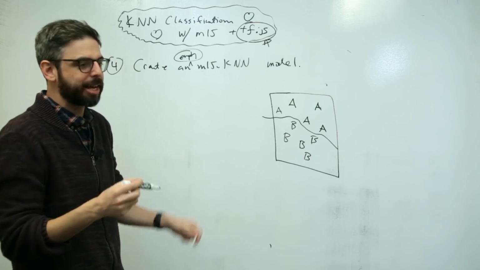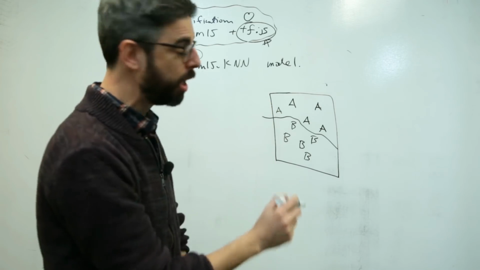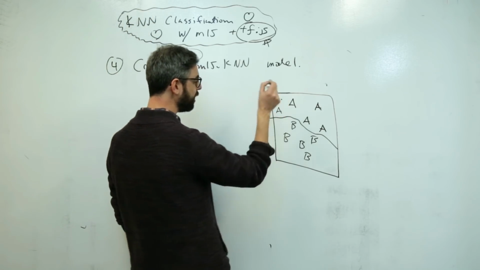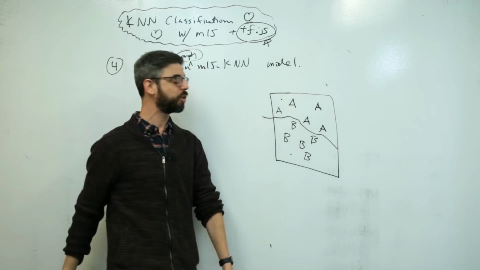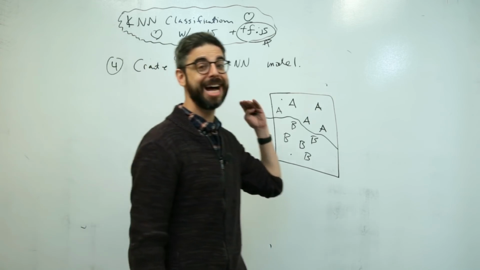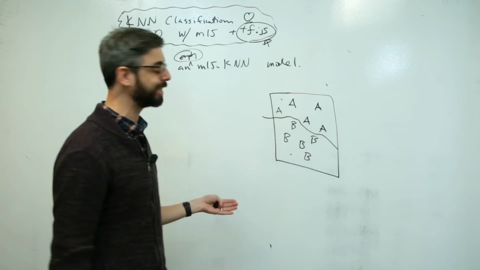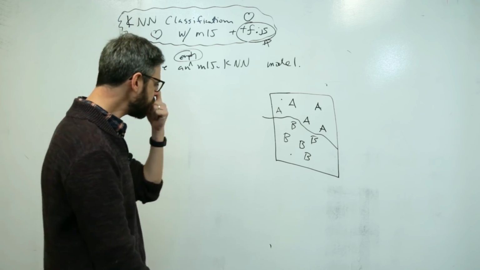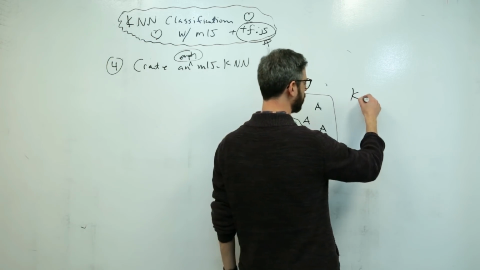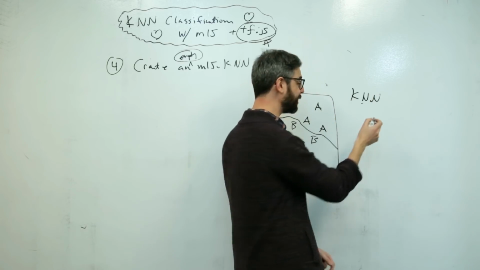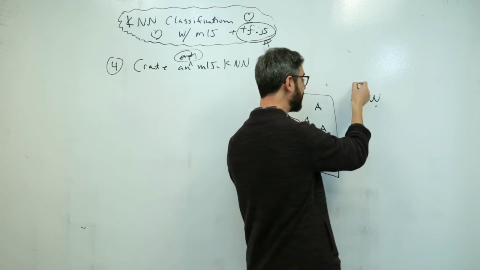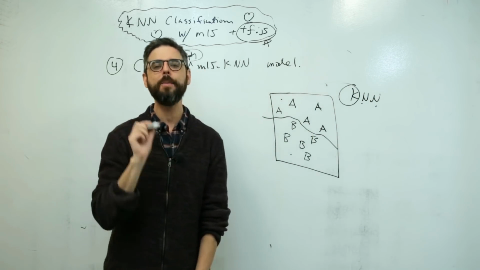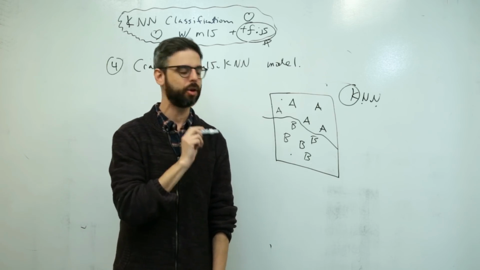And then I could say, if I threw a dart at the wall, the dart's either going to be over here or over here. It's going to be either of class A or of class B. I want to classify it. Now the way that k nearest neighbor works, the N stands for neighbor, the K stands for how many nearest neighbors am I looking for.